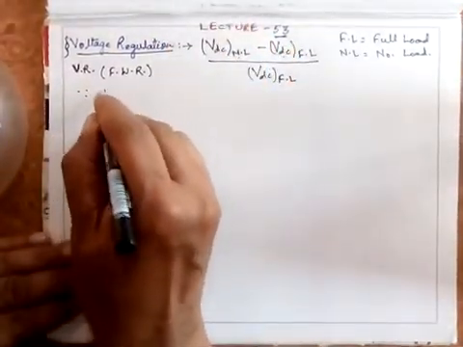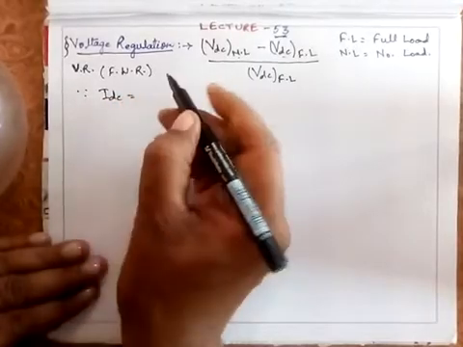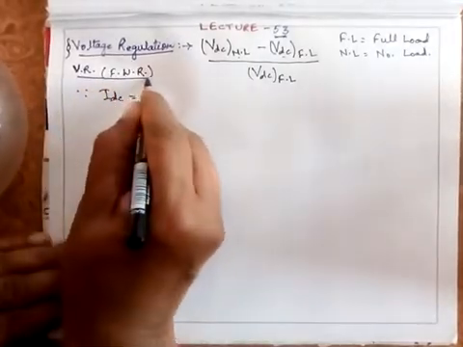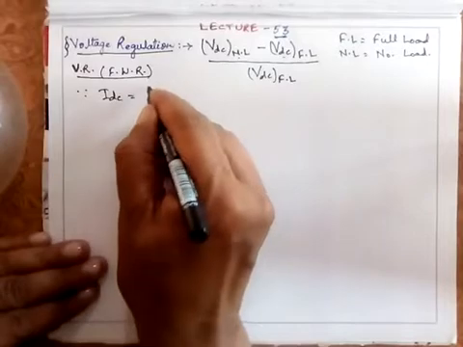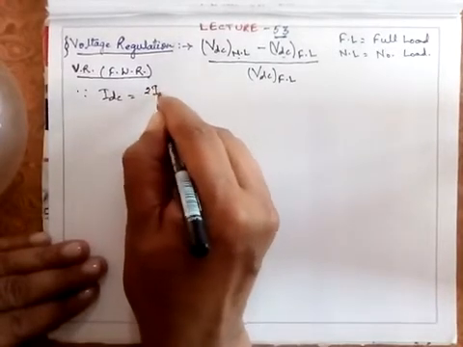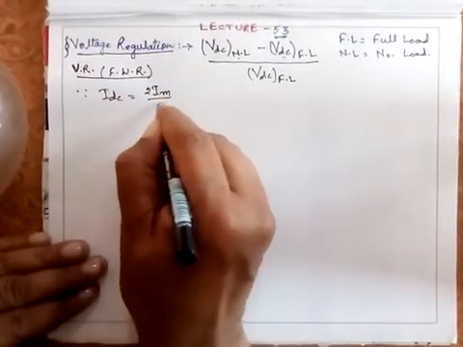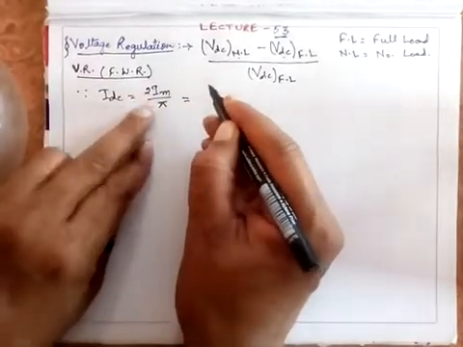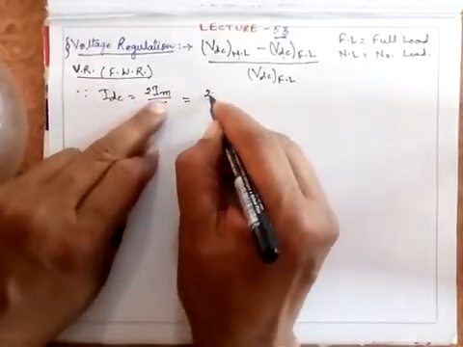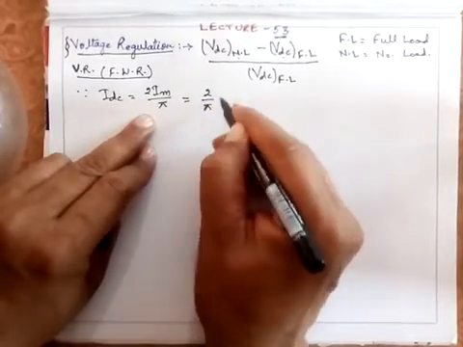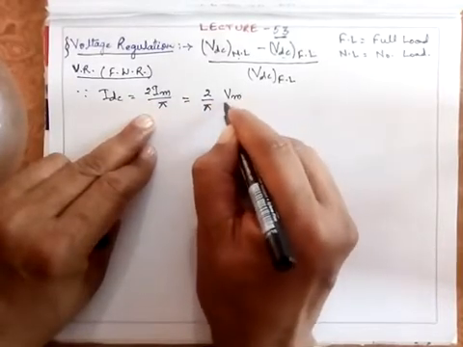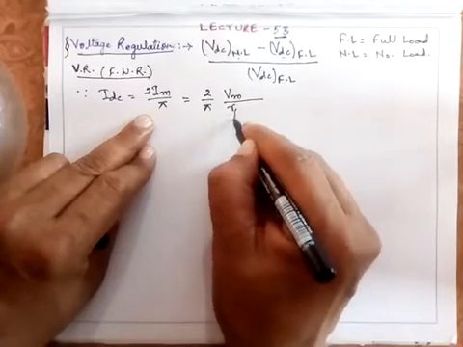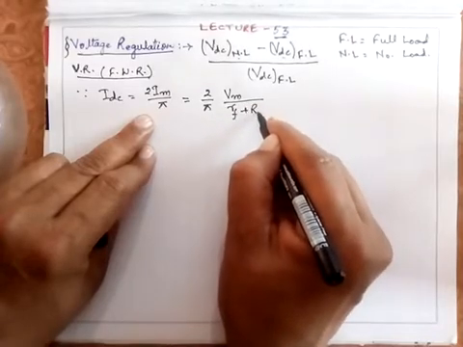And we know that this Im is equal to Vm upon Rf plus RL.